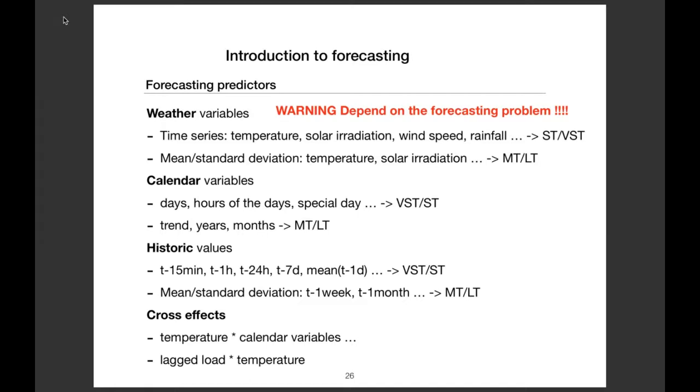So depending on what you want to forecast and what the forecasting horizon is, you will use some information or not. It completely depends on the forecasting problem you want to address. This is very important to understand, because if you want to produce accurate forecasts, you need to select the forecasting predictors carefully, because the model in itself can do nothing without information.